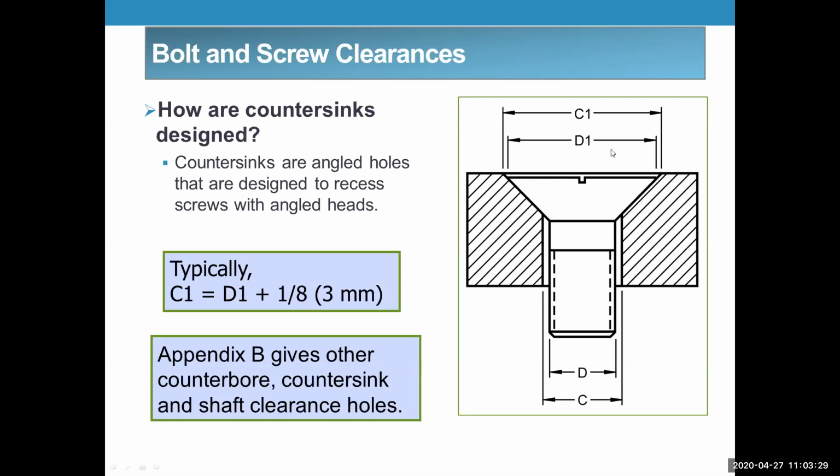Or the other situation would be the hole has a plus or minus, even if they're right on the money, the hole locations probably have, for the tapped and clearance holes, a plus or minus 5 thousandths tolerance on them. But a pin location usually has plus or minus 5 10,000ths of an inch location tolerance.